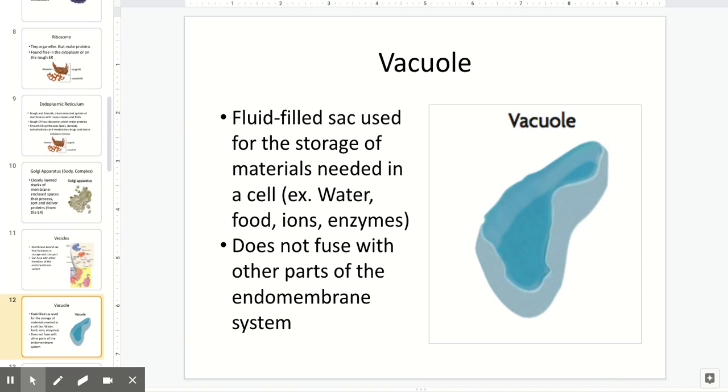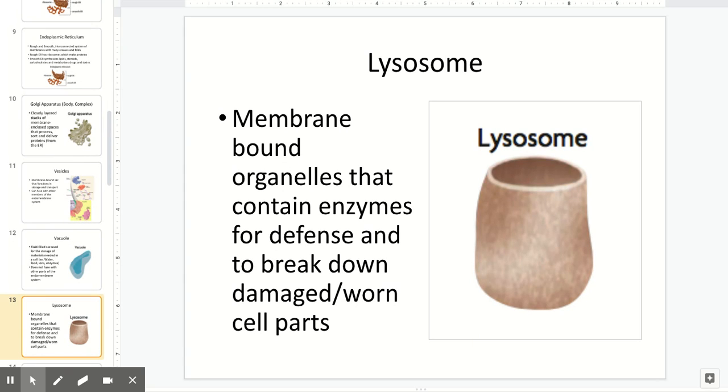A vacuole is an organelle I really want you to be familiar with. Vacuoles store materials. They're not going to fuse with anything else. They're not going to have contact with the Golgi or the endoplasmic reticulum or the cell membrane. They're just for storage. Lysosomes break things down.